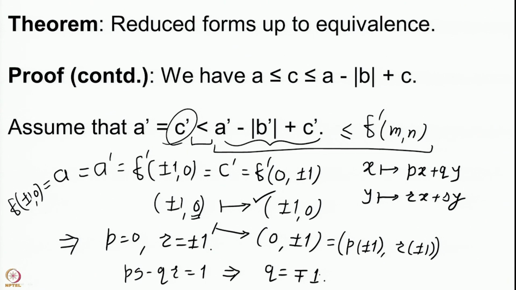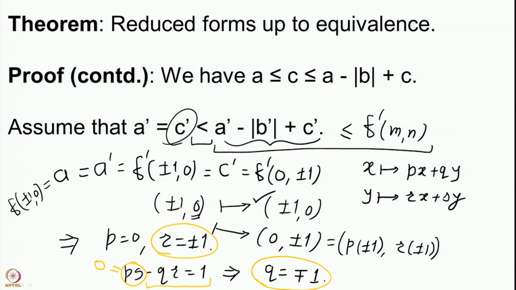Minus or plus 1 means that whenever r is plus 1, q has to be minus 1. Remember, minus of qr is 1, p is 0. So, this quantity ps is equal to 0. We get minus qr is 1. So, r equal to plus 1 implies q has to be minus 1.